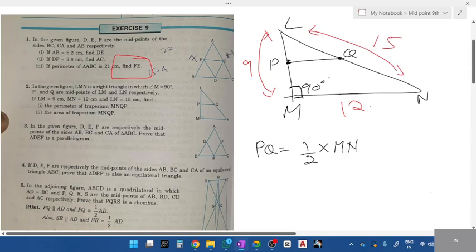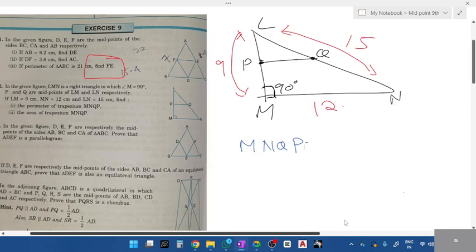Find the perimeter of trapezium MNQP. Okay, you have to find the perimeter of the trapezium. Trapezium of which one, students?